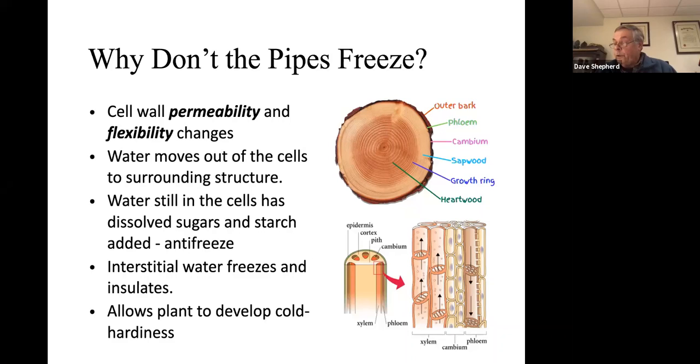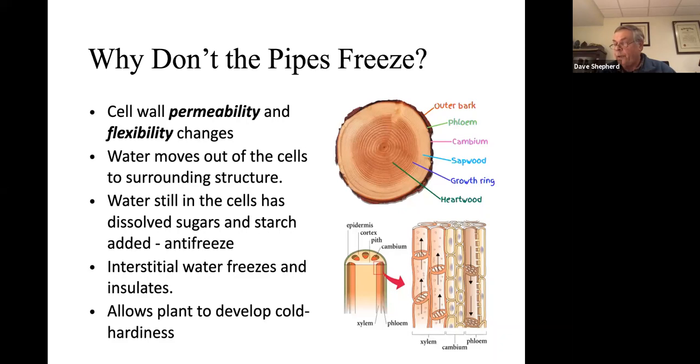What permeability also does is allow the cells to draw in some soluble compounds such as the sugars and the starches, which mix with the water and form basically a form of antifreeze.